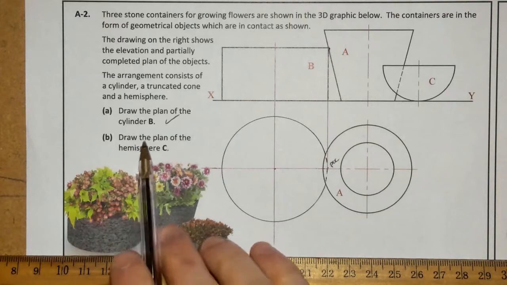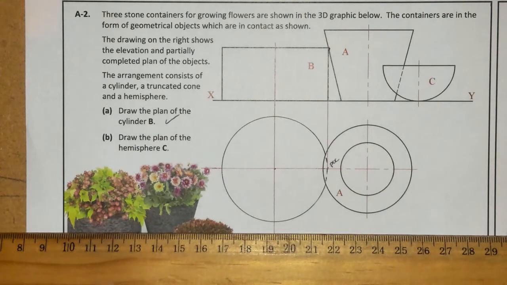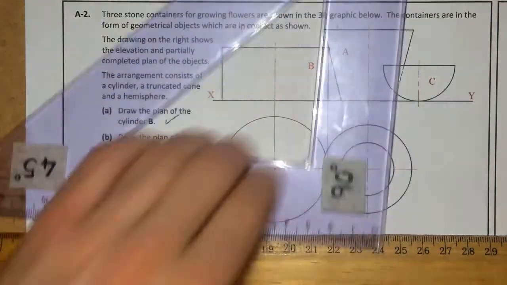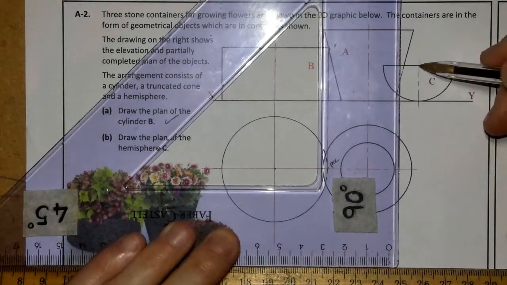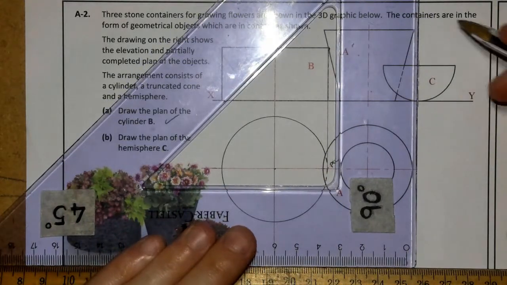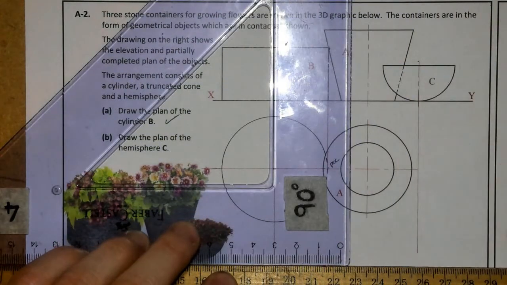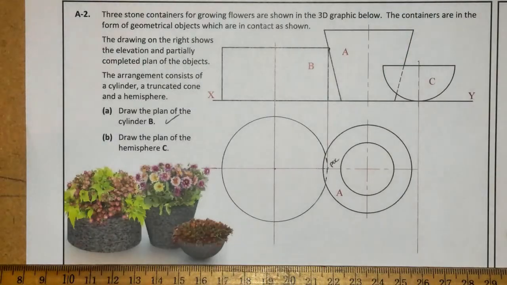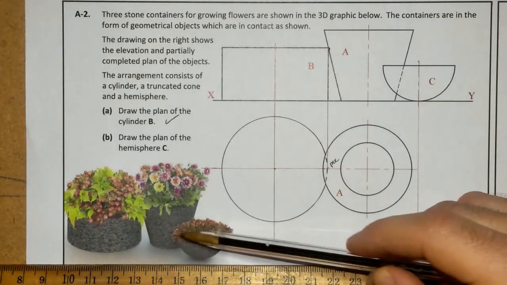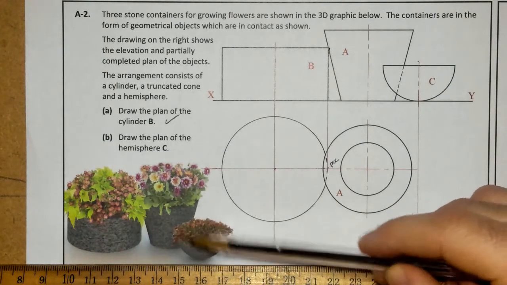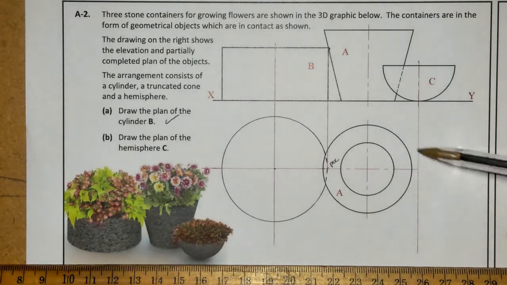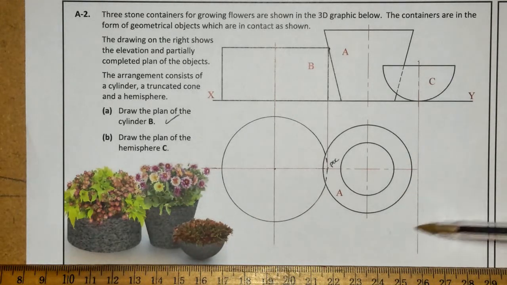Now we have to draw the plan of hemisphere C. Once again, very helpful, we can already identify where the center of hemisphere C is, because when we look down the top of it we would see another circle. So the center is somewhere down along there, and this time, if you look at the graphic over here, it's slightly to the front of the truncated cone. So it's not going to be right here to the side of it, it's probably going to be somewhere down here.